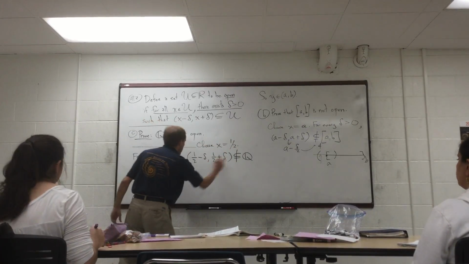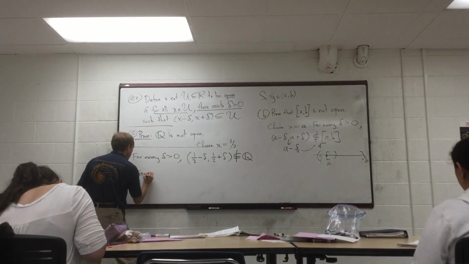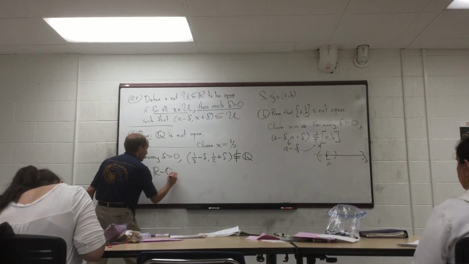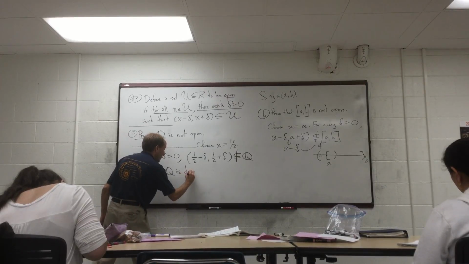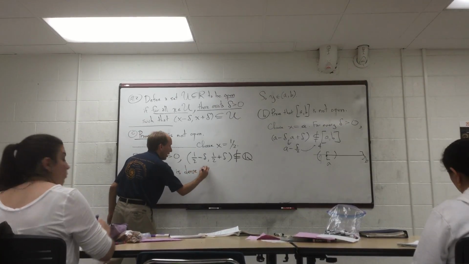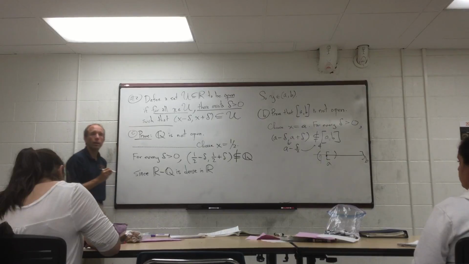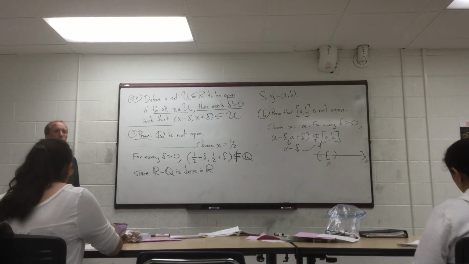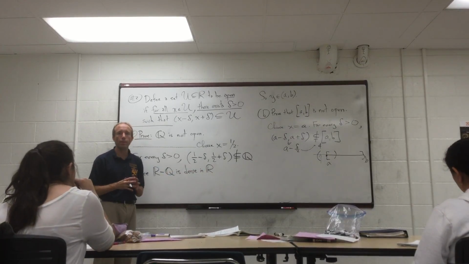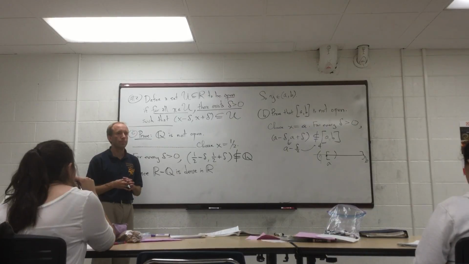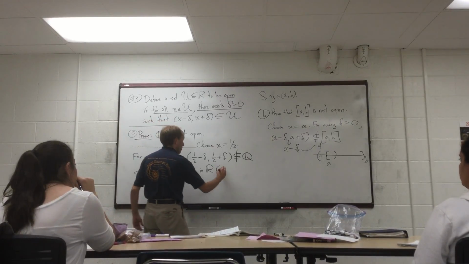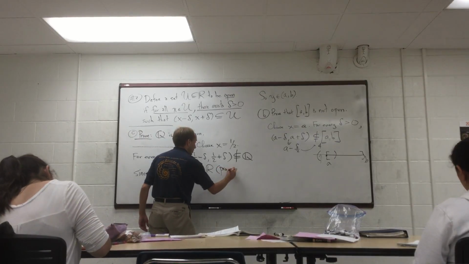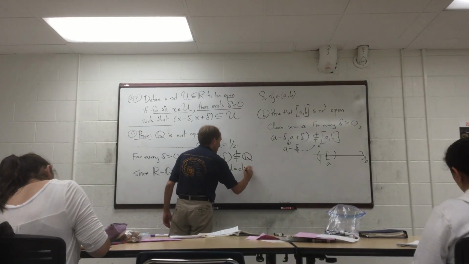So I'm going to say here, since R minus Q is dense in R. What is my justification for that? We proved it in class, or it might have been in the homework.